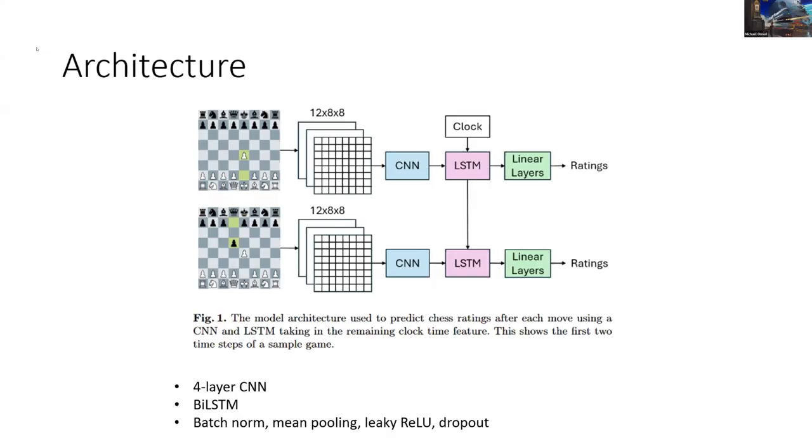My intuition was that because chess is a sequential game, it might not need to take into account all the different future and previous time steps like you might with a transformer. It should be enough to look at the previous information from the hidden activations and then the current position to give an output for the rating. The output is for both players, one for white and one for black.